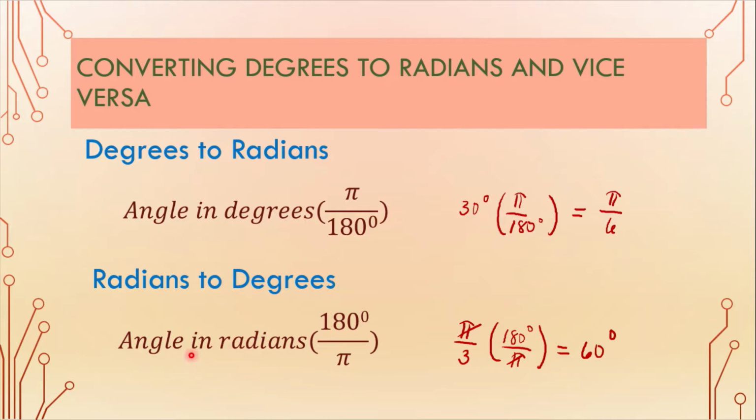You multiply the angle in radians by 180 degrees all over pi. For example, if the given angle is pi over 3 radians, you multiply pi over 3 by 180 degrees all over pi to get the degree equivalent of pi over 3. The answer here is 60 degrees.